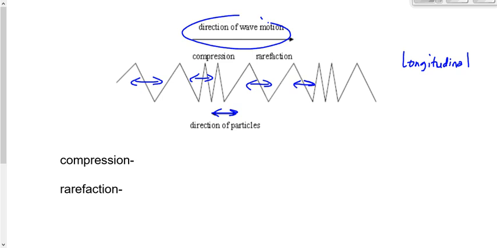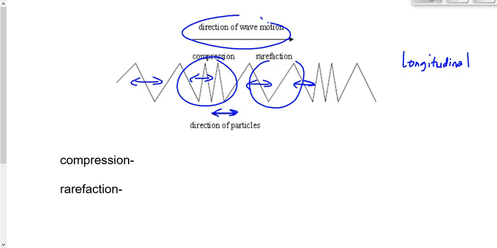But this time the simple harmonic motion is parallel to the motion as opposed to perpendicular to the motion. A compression is where the wave is kind of scrunched together, and a rarefaction is an area where the wave is spread out. The compression would roughly correspond to the crest, and the rarefaction would roughly correspond to the trough. Got it?